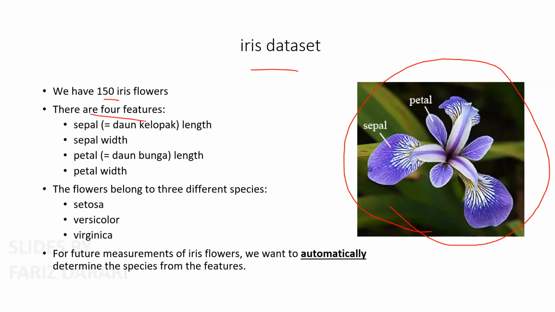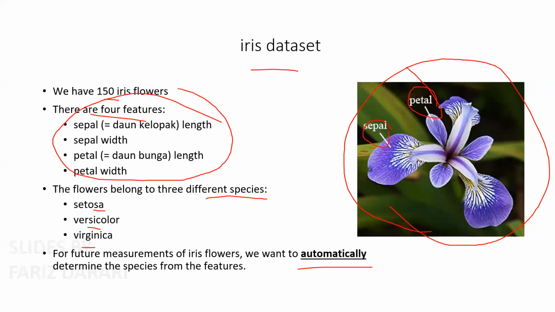For features, we have the length and width for this, and the length and width for this: the sepal length, sepal width, and then petal length and petal width. There are three different species of the flowers: setosa, versicolor, and virginica. Right, and we want to do automatic prediction of the iris species based on the four features. And since we are now on this class of kNN, we are using kNN. Okay.